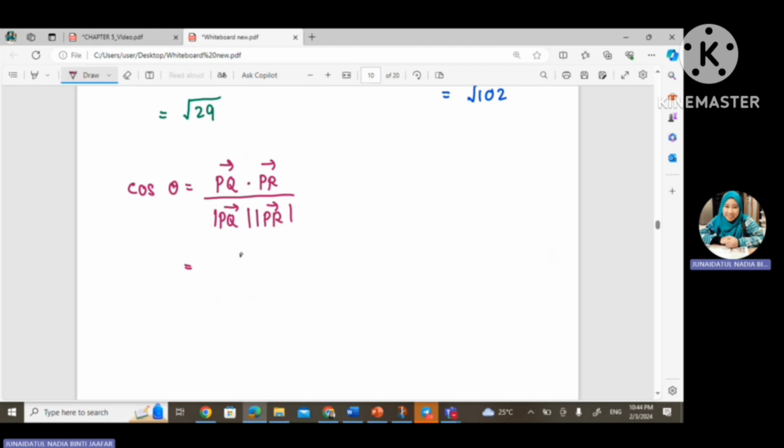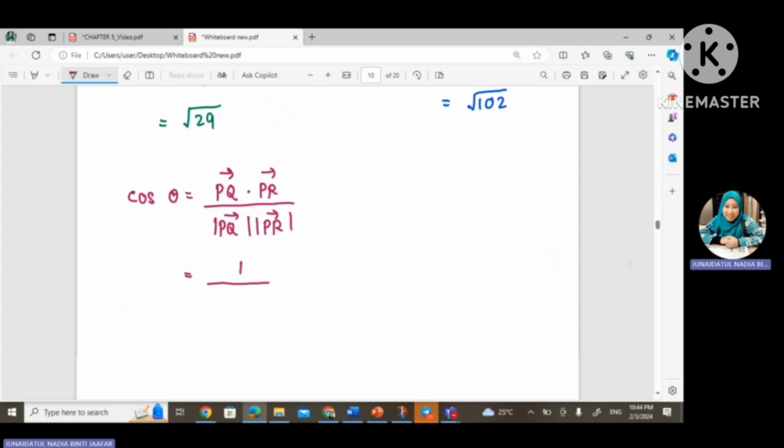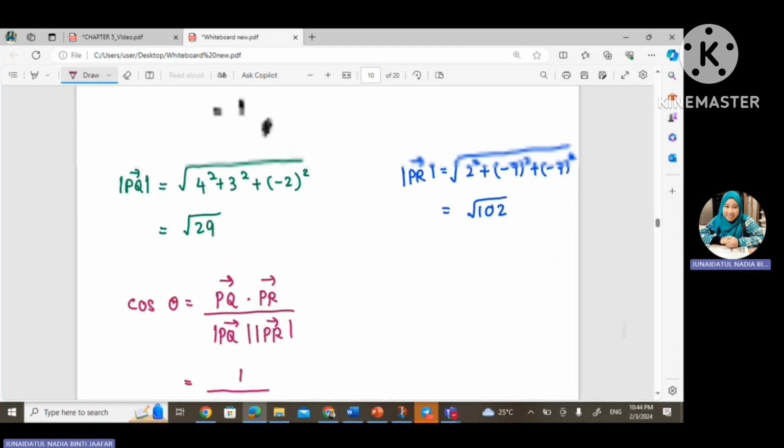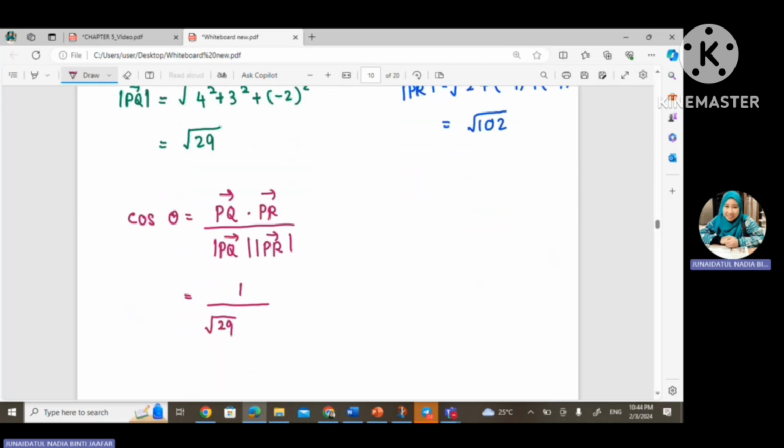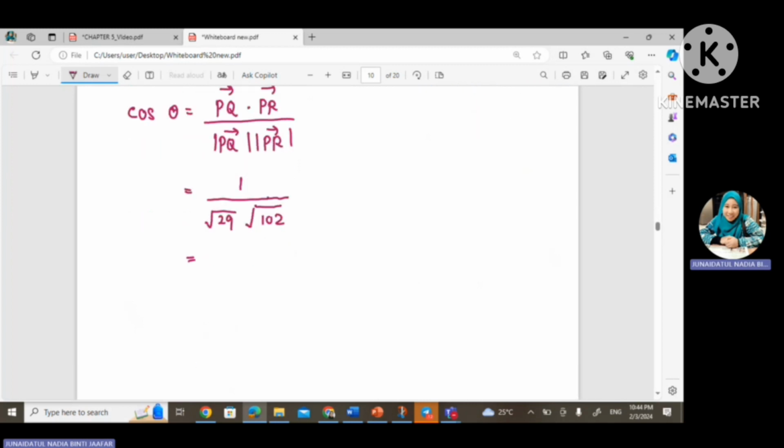So we have 1 divided by square root of 29 times square root of 102, which equals 0.018.